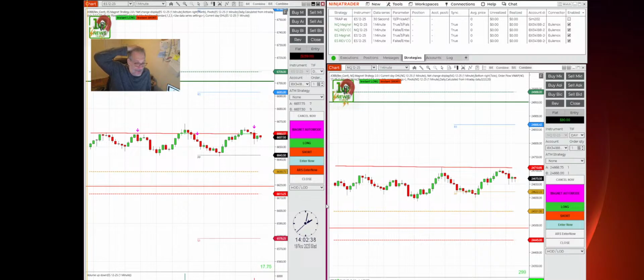Two trades left on the table, which is a shame. It was okay as a trap. I thought there was a possibility it could move much, much more.